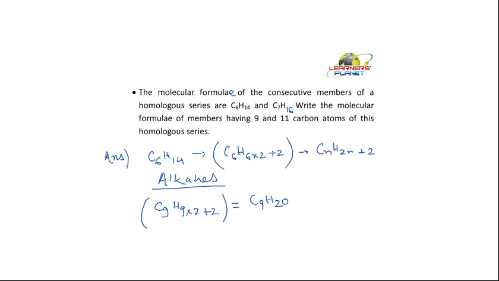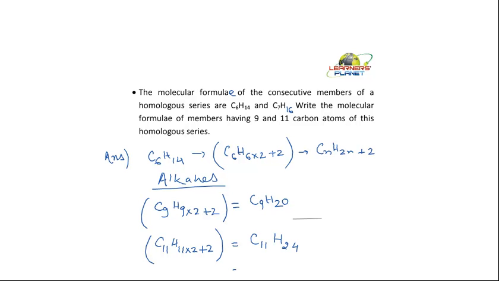And the other one is 11 carbon atoms. So C11, H would be 11 multiplied by 2 plus 2, which is C11H24.